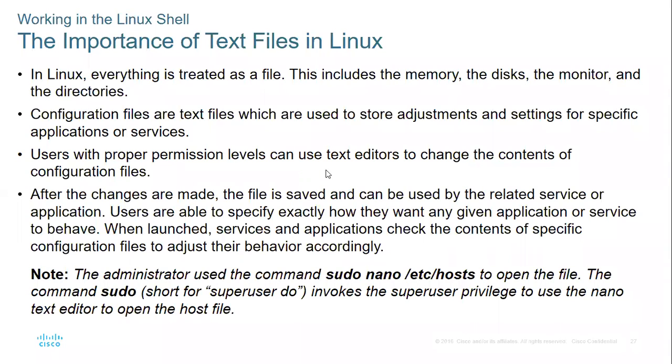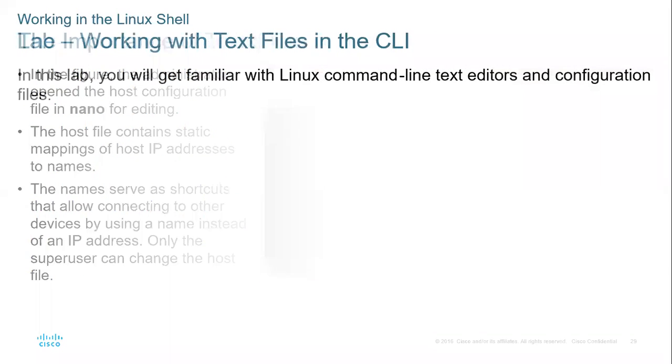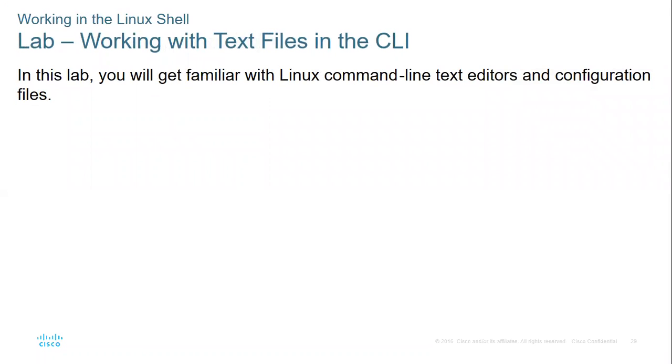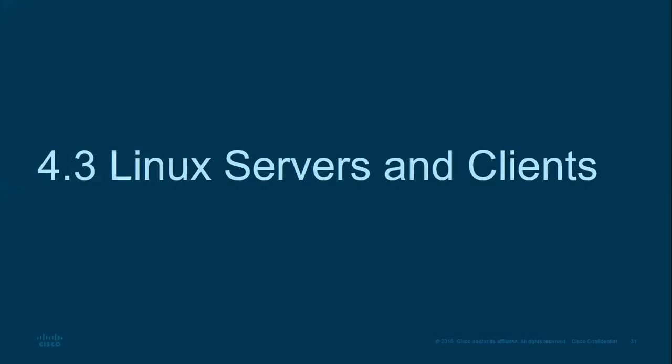So once you make any changes to the file, that is also going to affect that particular service. This is the lab we're going to do, very, very important, and also this is another lab that we're going to do.